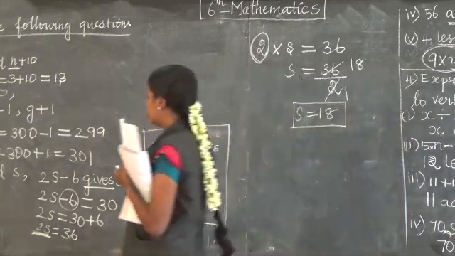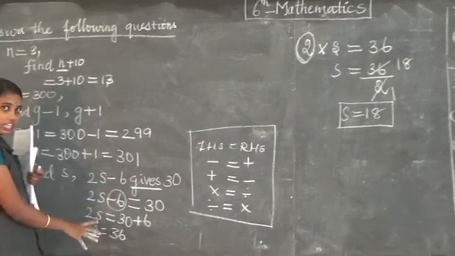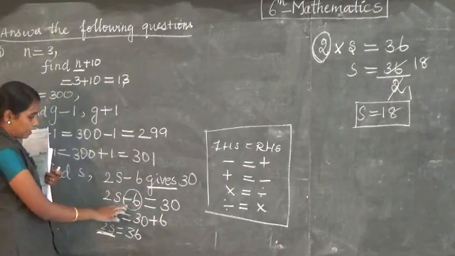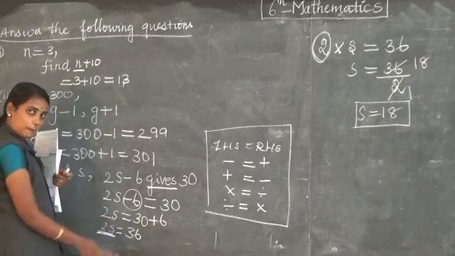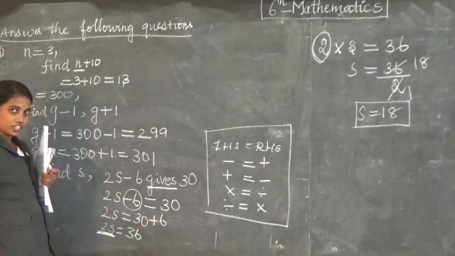Listen to me. 2s minus 6 equal to 30. We need to find the s value. Along with the s, whatever else is there, take it to the right hand side. Minus 6 will go that side as plus 6. First simplify: 30 plus 6 is 36.